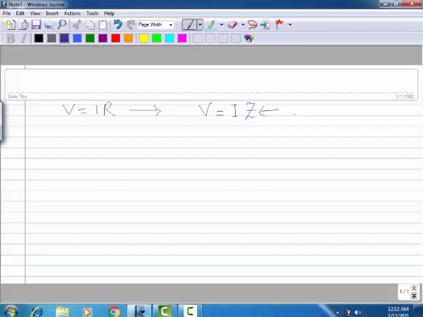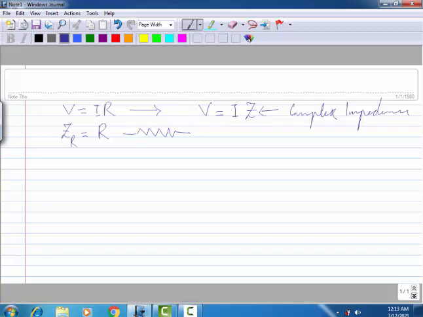So Z is actually a complex impedance. When this impedance is only resistance, we represent it by R here, and this represents a resistor.